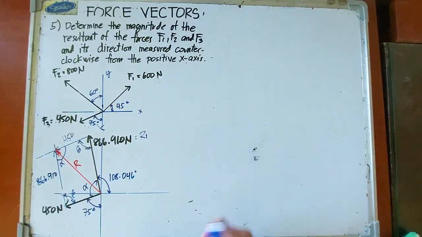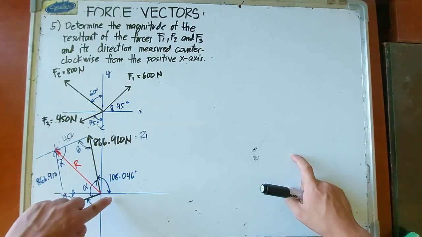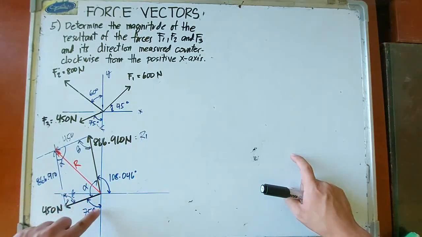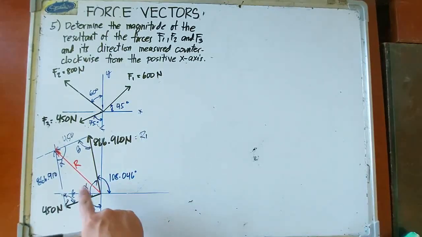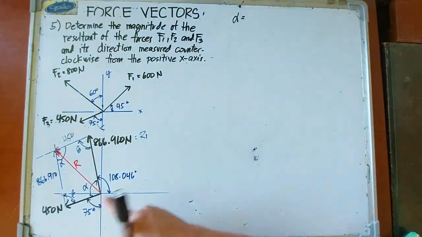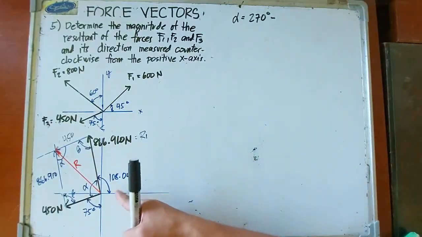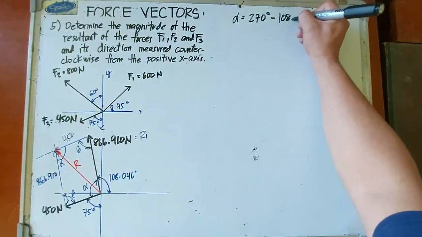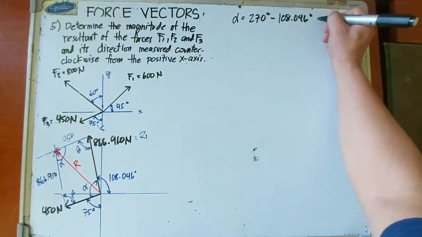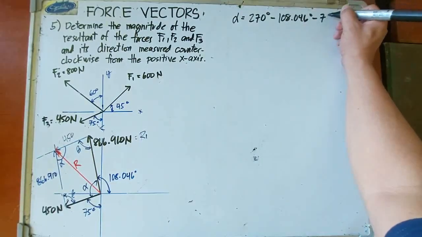Angle alpha is equal to, we know that itong angle na to from the positive x-axis hanggang sa may negative y-axis, that's 270 degrees, you know? So angle alpha is simply equal to 270 degrees minus 108.046 minus 75 degrees.